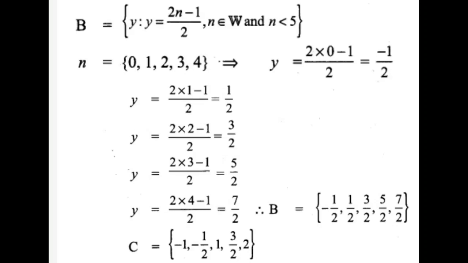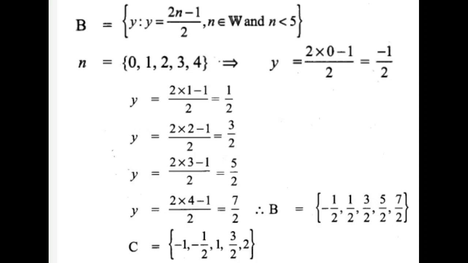Then 2 into 0 is 0, 0 minus 1 divided by 2. Therefore, y is equal to minus 1 divided by 2. Put n is equal to 1, y is equal to (2 into 1 minus 1) divided by 2. 2 into 1 is 2, 2 minus 1 divided by 2 is equal to 1 divided by 2.